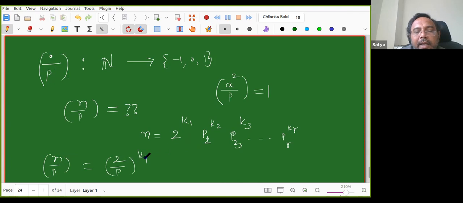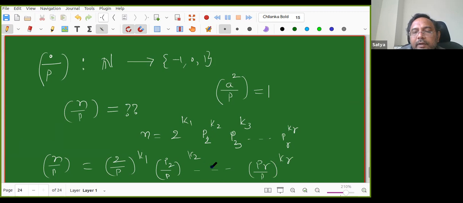You can remove the even part; if k1 is even, no need to worry, it is +1 or -1. Only the odd parts are left, and it is sufficient to compute (p2 by p), and so on, up to (pr by p)^kr.